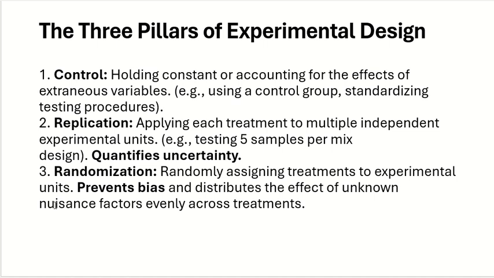In experimental design, there are three main things you have to do. First of all, controlling the nuisance variables or the extraneous variables which you are not studying. And you always must have a control group of samples.